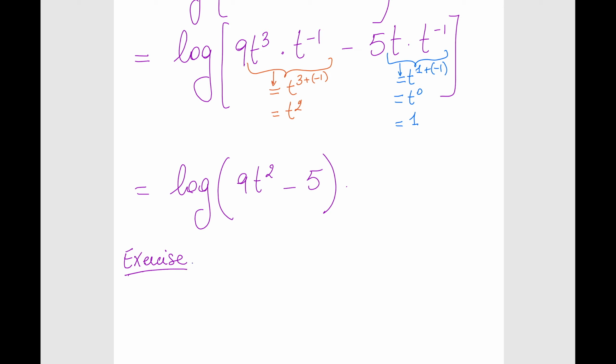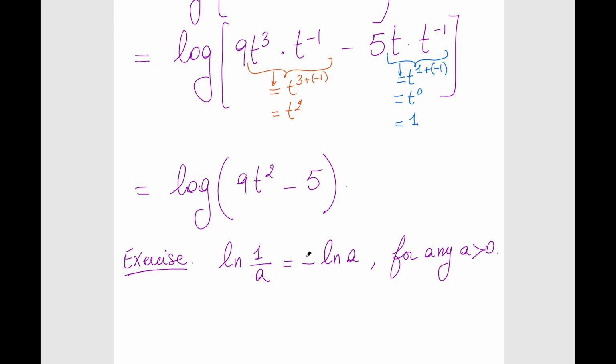So how about this? ln of 1 over a. Show that this is equal to minus ln of a, and this is for any a positive, right?